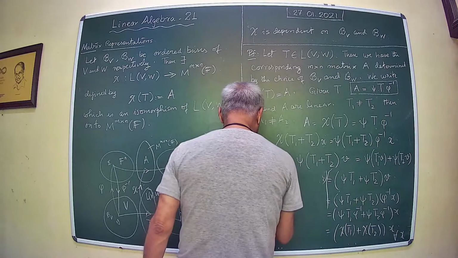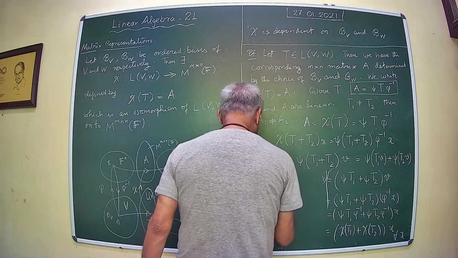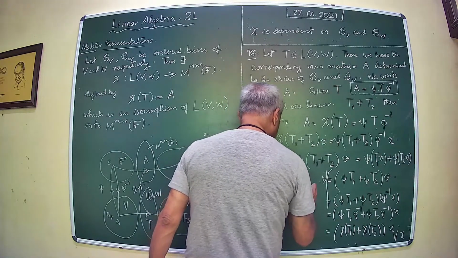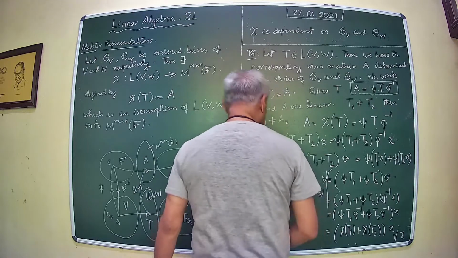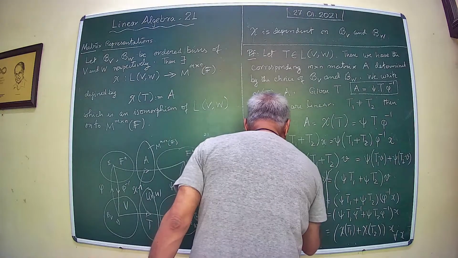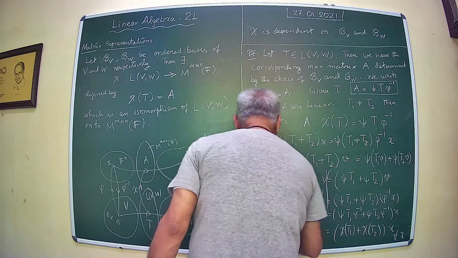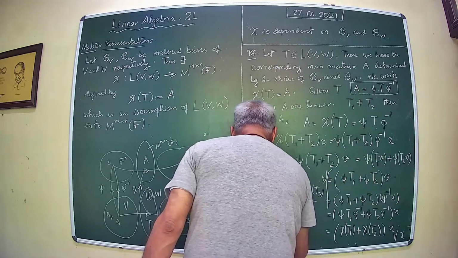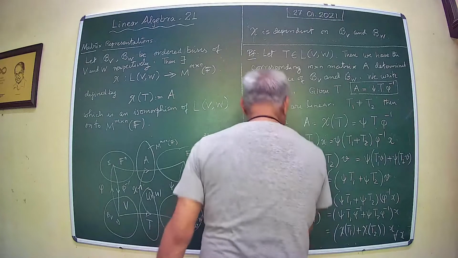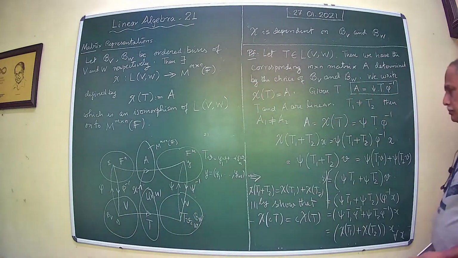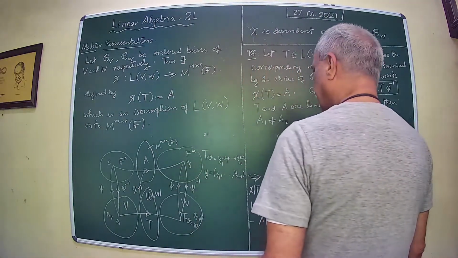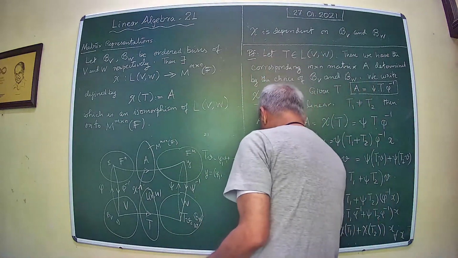implies similarly show that chi of a scalar times T, for every T in LBW. So chi is linear.